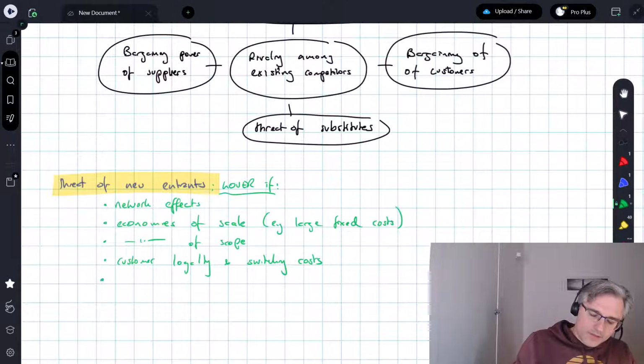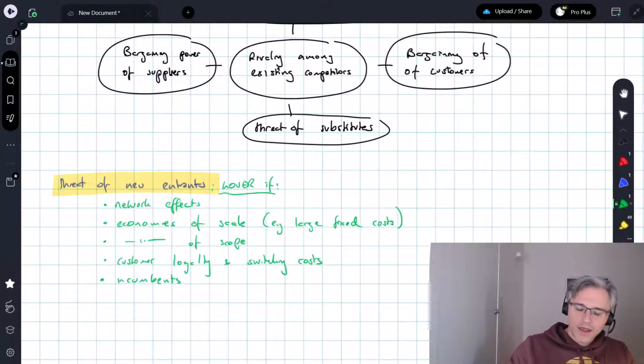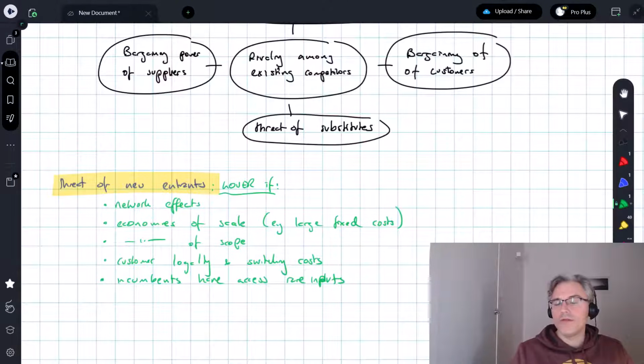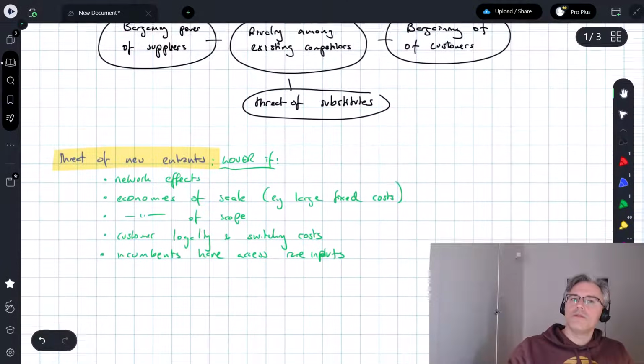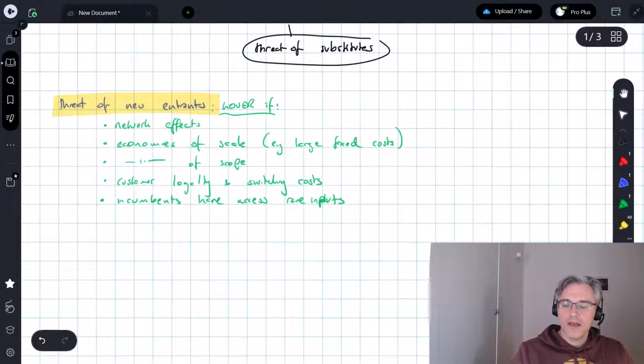What else? If the incumbents, the companies already in the industry, have access to some rare, hard to obtain inputs, then it's obviously going to be difficult for new entrants to get the same access.